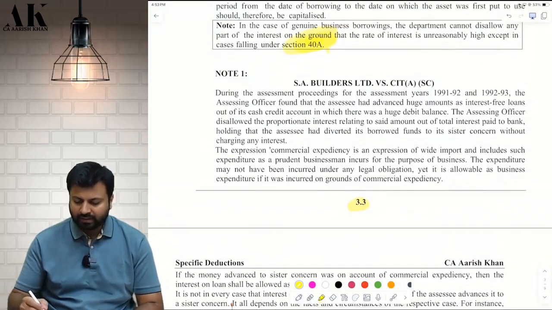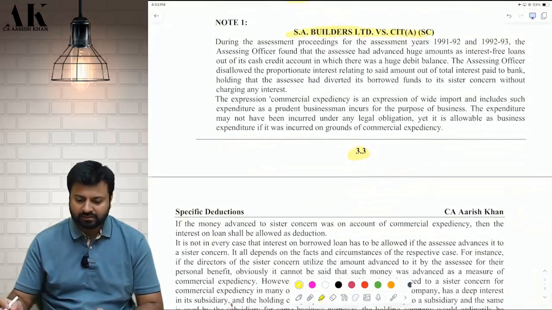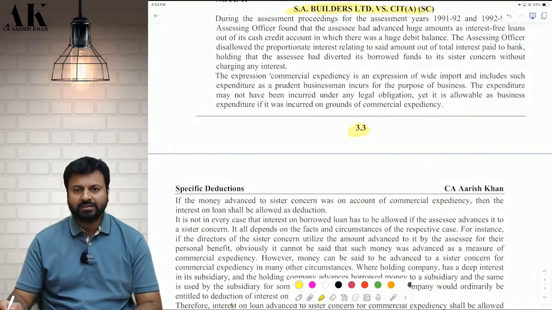Now coming to this case law, I would request all of you to go through this case law. Very important case, very beautifully written over here, about what exactly has happened in the case.